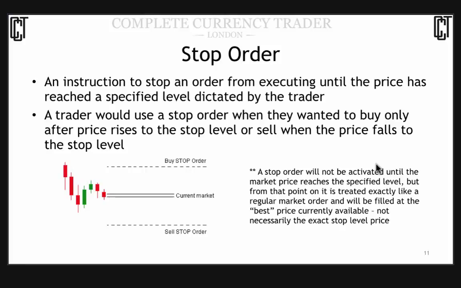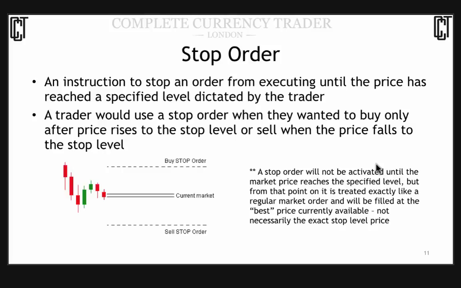Most frequently, stop orders are thought of as stops for protection. We're in the market and we're protecting ourselves, so we enter a stop order so that if the price goes X number of pips against us, it stops us out. That's what people most commonly think of.